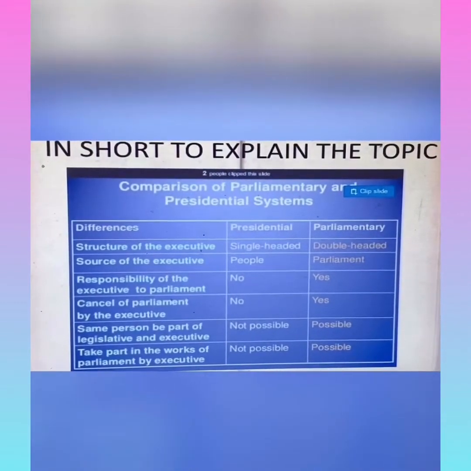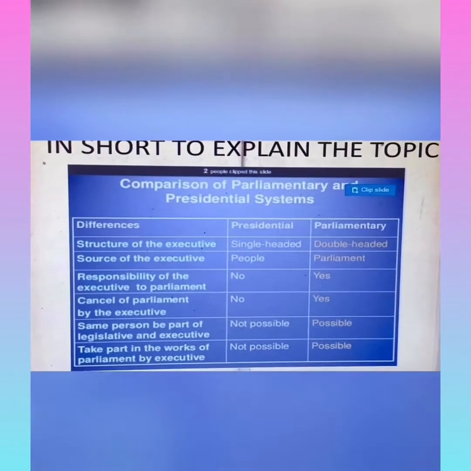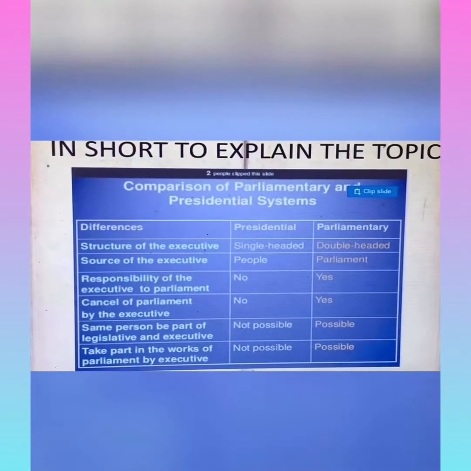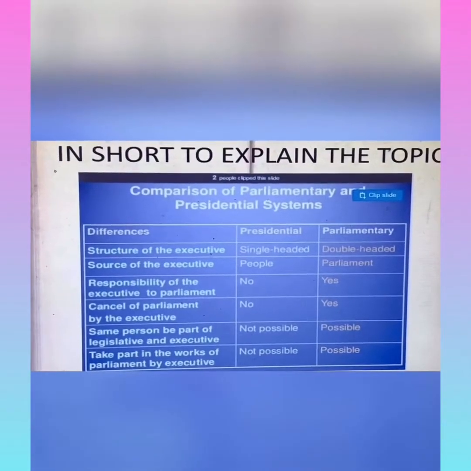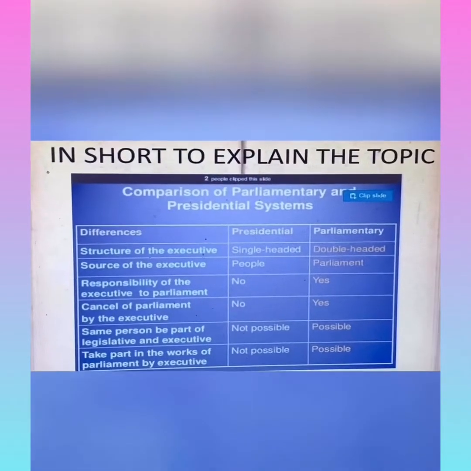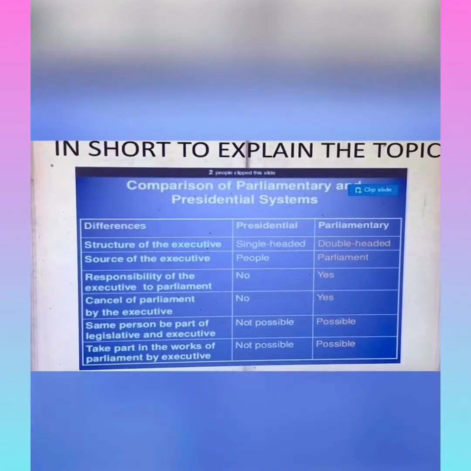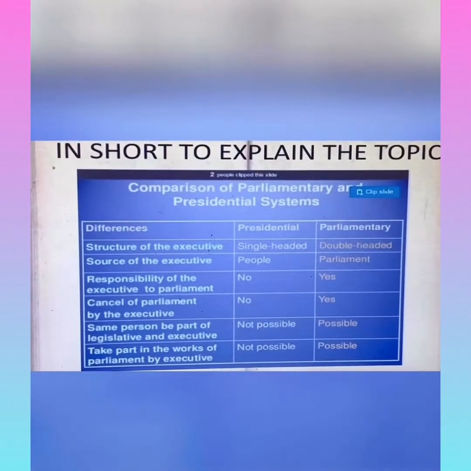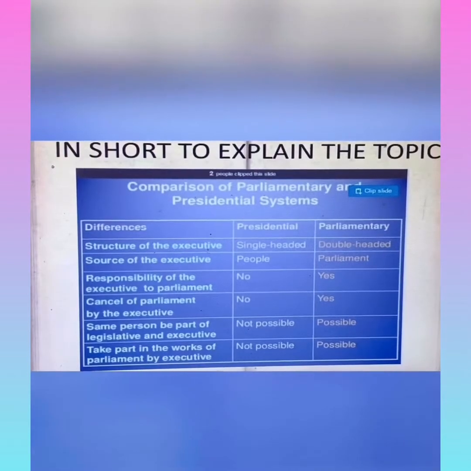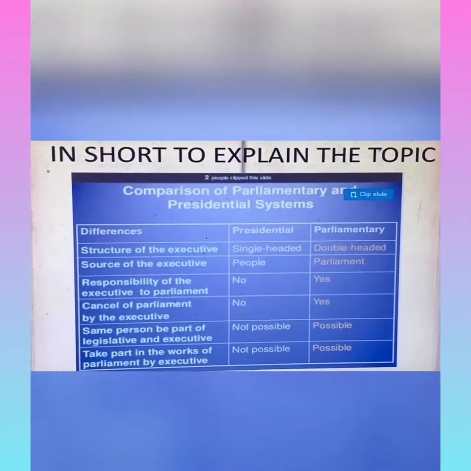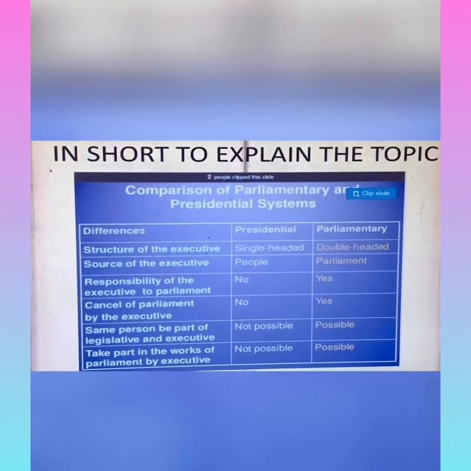A judge in the USA holds office as long as he is capable of performing his duties. The Indian Constitution, on the other hand, states that a district judge holds his post till the age of 58, a High Court judge holds till the age of 62, and a Supreme Court judge retires at the age of 65.